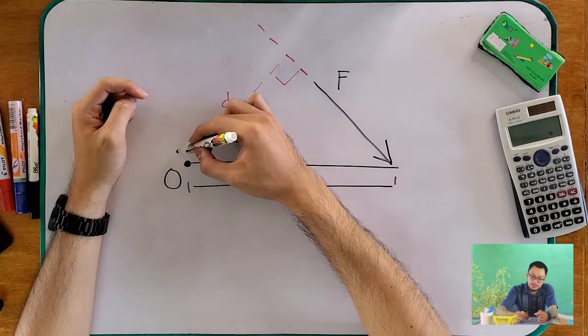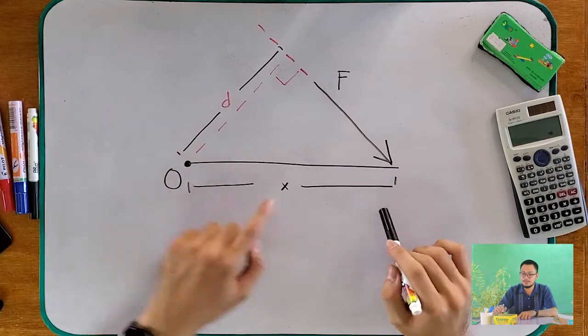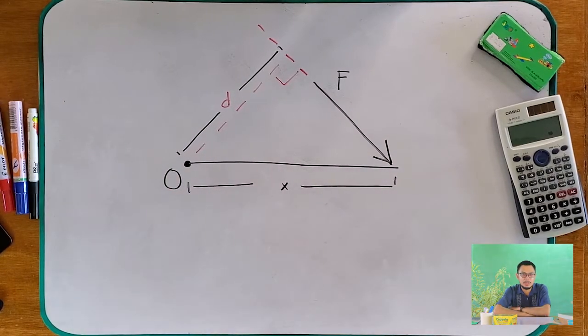We have to compute this distance. And we don't have enough information for us to solve for this D, because the only given distance probably in this case is only your x. So, how can you solve this kind of problem if only this is your given?